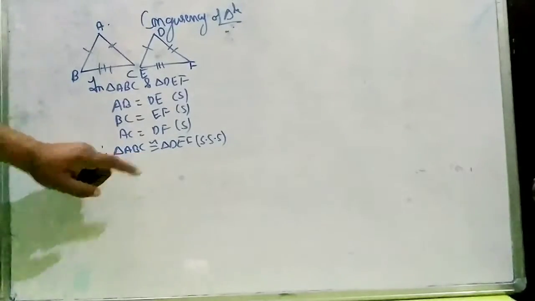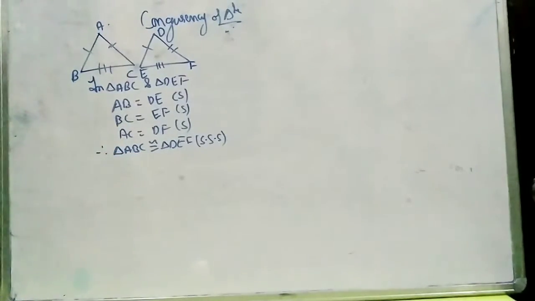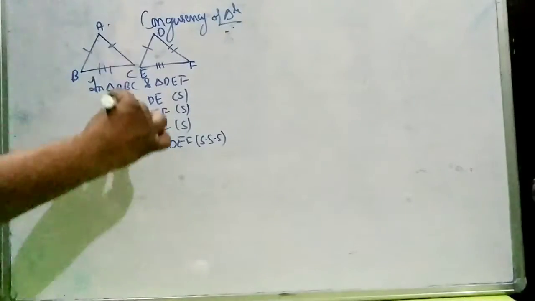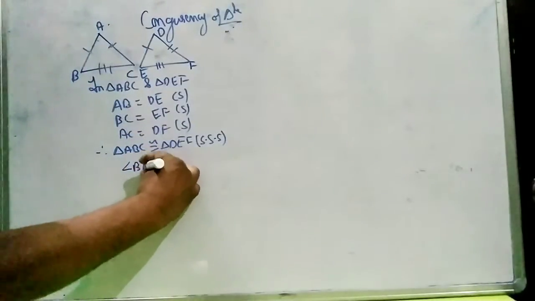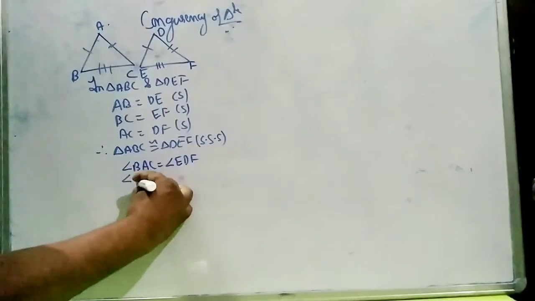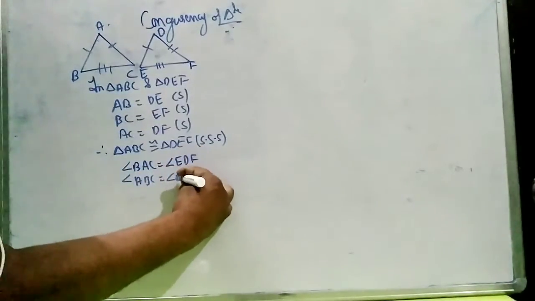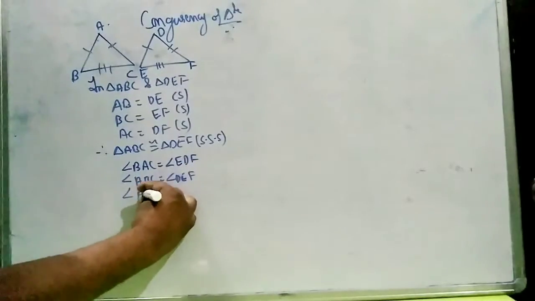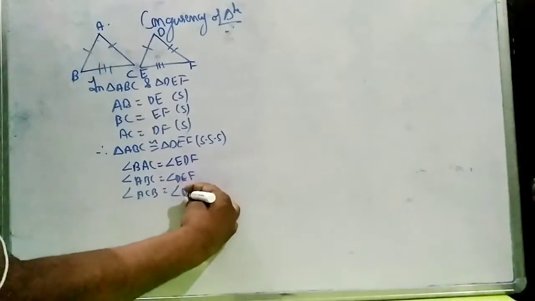This is the symbol of congruence, which also shows that the remaining angles are equal: angle BAC is equal to angle EDF, angle ABC is equal to angle DEF, and angle ACB is equal to angle DFE.